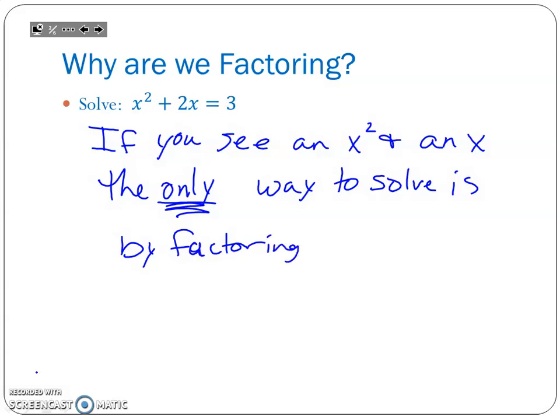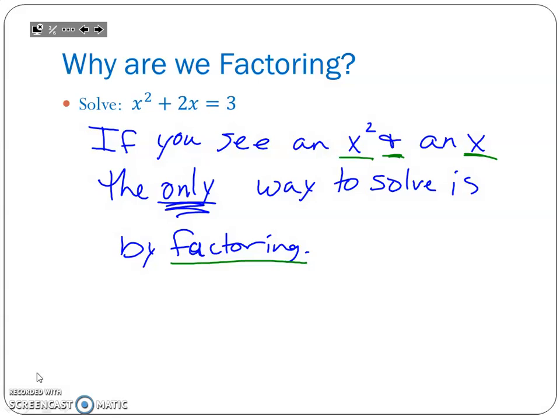Okay? So just to reiterate that, if there's just an x, we know how to solve that. If there's just an x squared, we can solve those too. You just have to take a square root to be able to make that work. But if there is an x squared and an x, if there's both of them, the only way that you can solve that is by factoring. Okay?